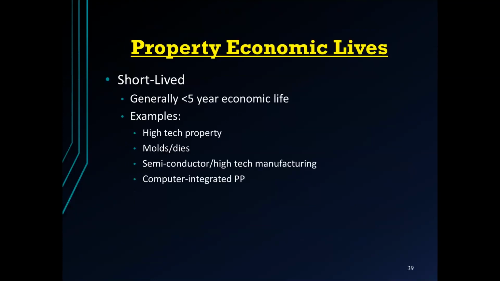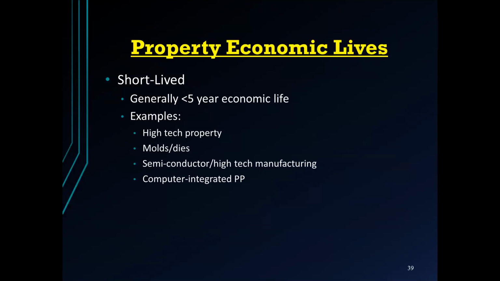Some other examples are things that are not considered consumable, like molds, dyes, lathes, things that are used in manufacturing, but that have very short lives. A lot of property that is not itself high tech, but is used in the production of high tech equipment, semiconductor manufacturing, other types of high tech manufacturing. That property generally has very short lives for various reasons.